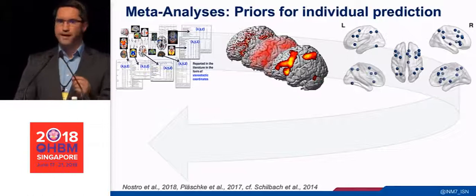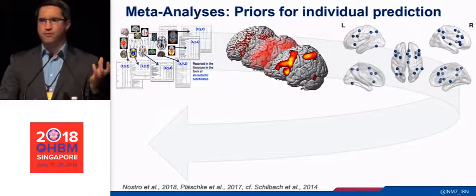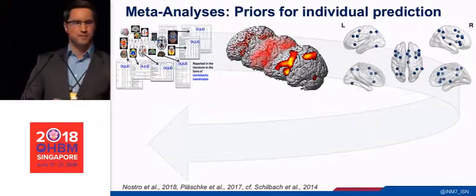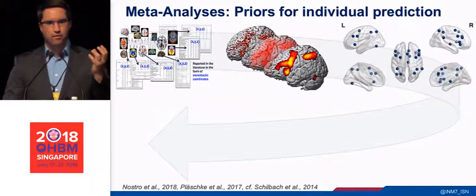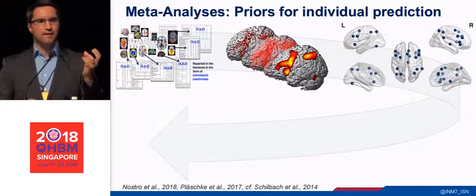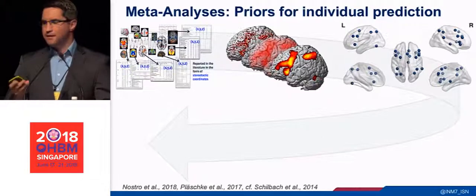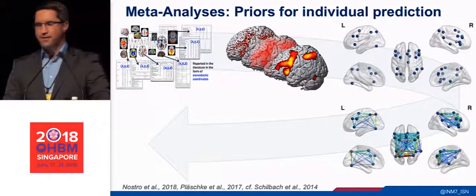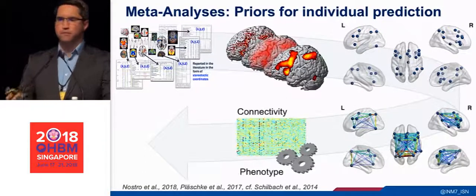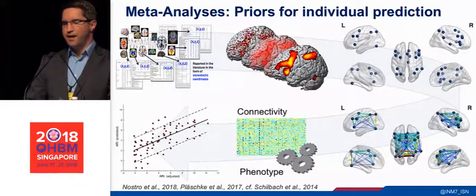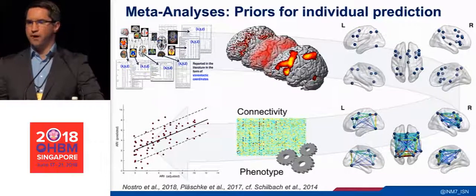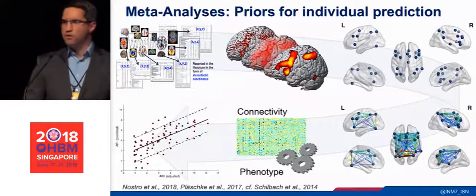So what we can do here now is leverage the information from thousands and thousands of task-based neuroimaging studies, find those regions that are robustly engaged in a particular task, and then extract task-free data, in this case resting state data, within that network, use predictive analysis, and then learn something both about inter-subject variability, but also learn something about the network.